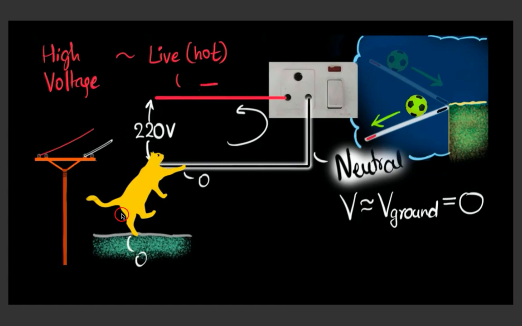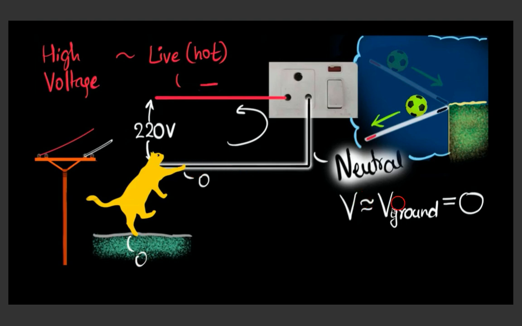Now, let's suppose, as was explained in the video, that a cat touches this neutral wire. Well, if the cat touches this neutral wire, there shouldn't be any current flowing through the cat because the voltage of the ground we're saying is 0. And the voltage of this neutral wire is also 0.